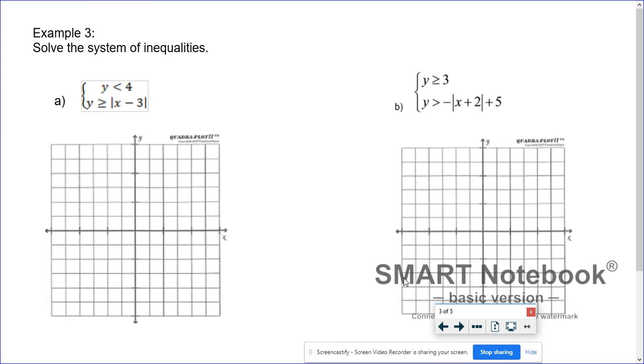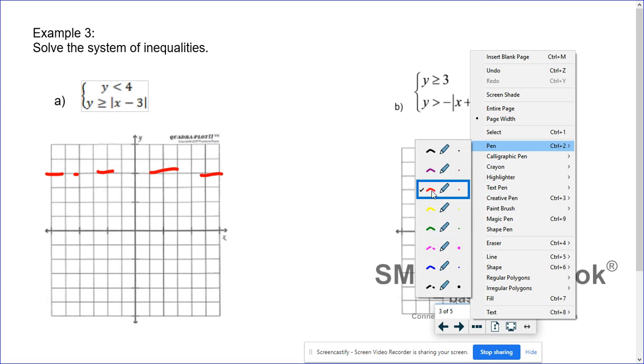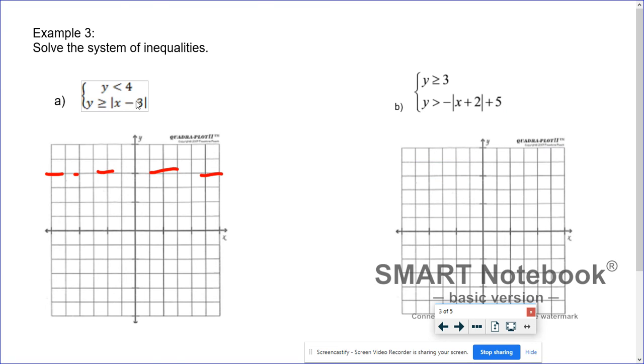We can also work with absolute values here. It's really no different. We're just going to graph both of them separately. So I've got y is less than 4. That would be a horizontal line, dashed, through 4, which we're shading underneath. And then remember how to do the absolute values. First, you've got to find the vertex, right? So the vertex for this would be 3, 0.